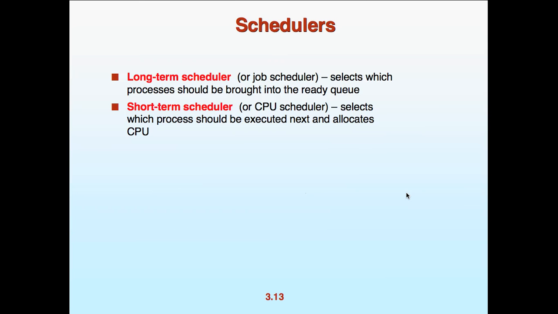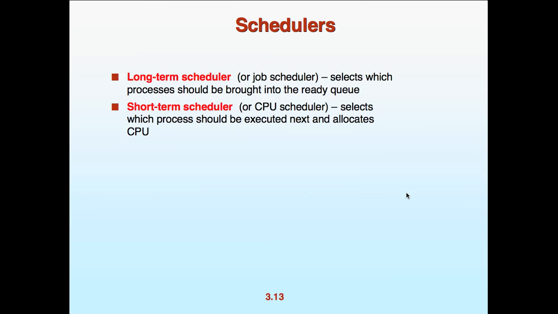So the long-term one is the job scheduler. It's the job queue. So it selects the processes that should be brought into the ready queue that are essentially all processes in the system. If a process gets built, it's automatically in the long-term scheduler. And then we have the short-term scheduler. Those are the selected processes that only need CPU time.